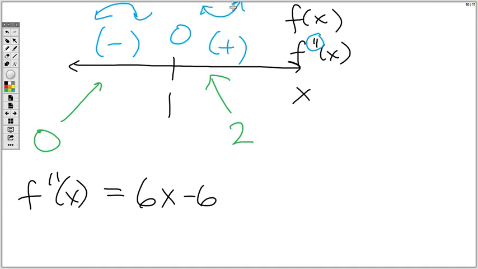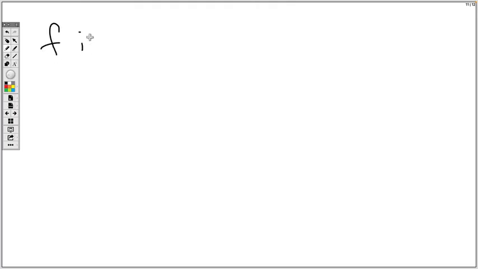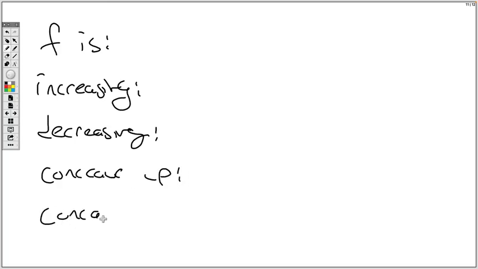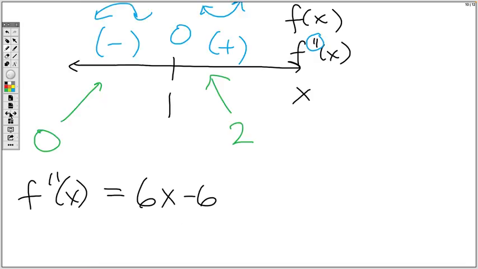Okay? All right. So f is increasing, decreasing, concave up, concave down. So let's go back and record all this information.